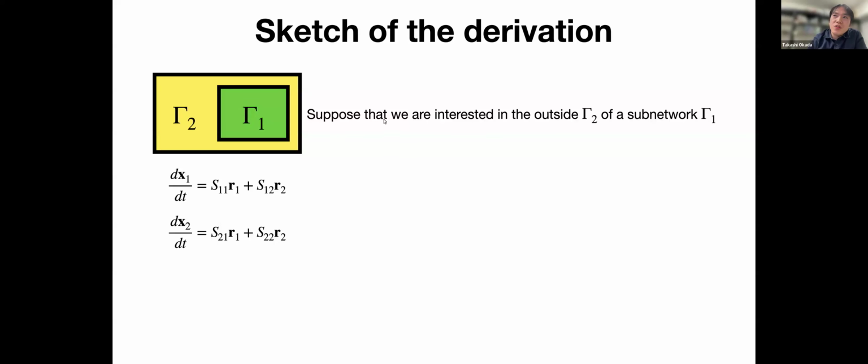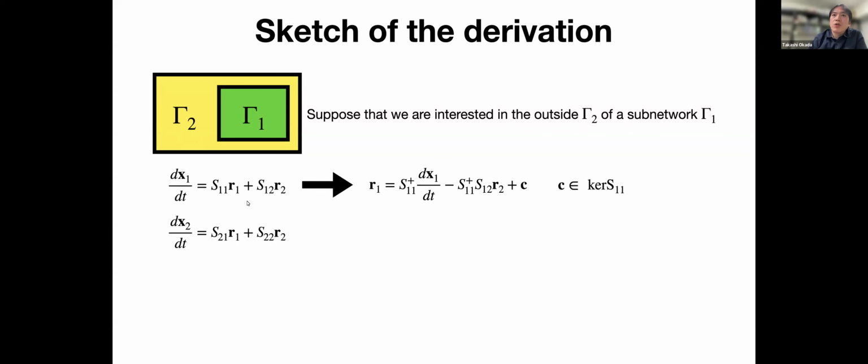So suppose that the system contains a buffering structure, and we are interested in the outside of the subnetwork gamma 1. So suppose that we are interested in gamma 2. Then for the dynamics, we have two equations. One is for the subnetwork gamma 1. The other is for the subnetwork gamma 2.